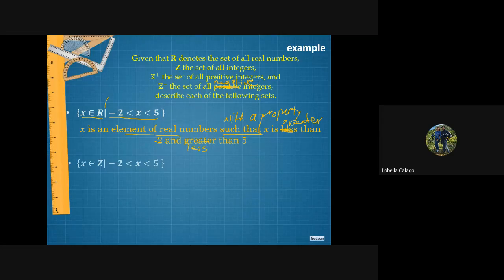That's it. x is an element of real numbers such that x is greater than negative 2, so x is larger than negative 2, and less than 5.